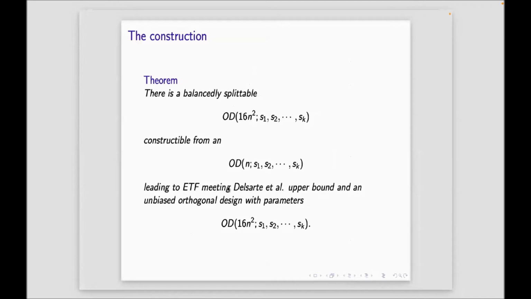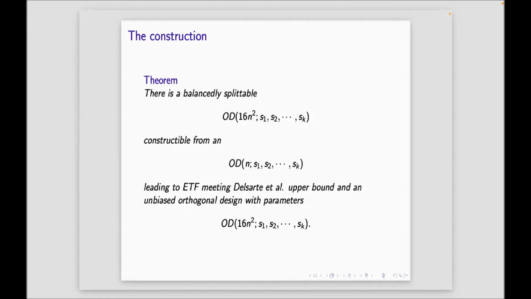Okay, so this is the main theorem. You're starting with an OD of order n of type S1, S2, ..., Sk, namely, so we have k commuting variables. The first one, x1, is repeated S1 times, x2 is repeated S2 times, and xk is repeated Sk times.